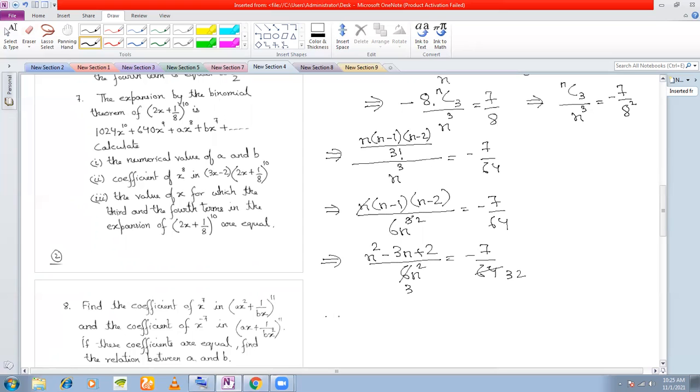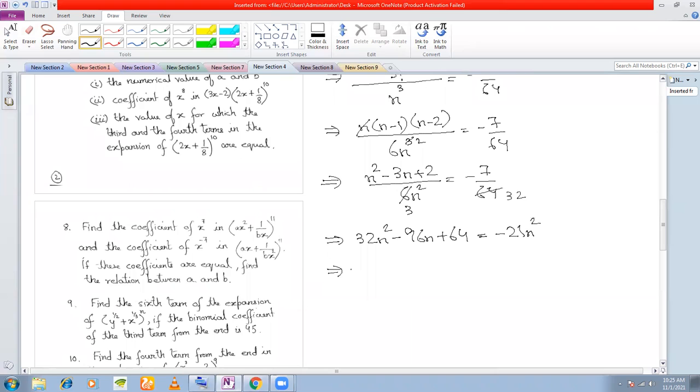And now you can cross multiply to get 32n square minus 96n plus 64 is equal to minus 21n square. You are getting a quadratic actually: 32n square plus 21n square minus 96n plus 64. This is the quadratic that you're getting.